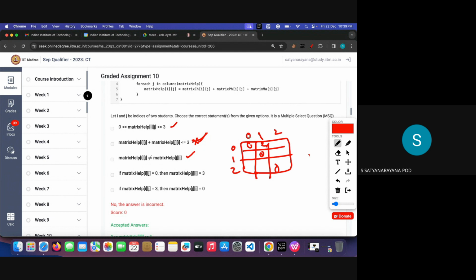The first student is helping the 0th in 1 subject. Is it clear? Yes, sir. So now what they did: the ith student, that means the 0th student, is helping the J value, which is 2. Is it the same for the first student? It happens.